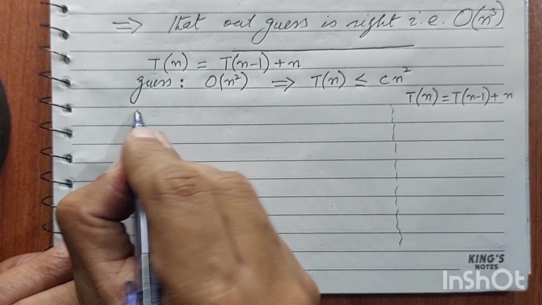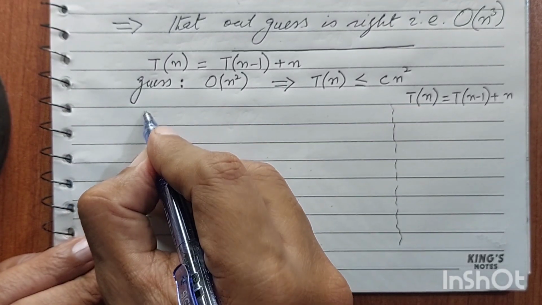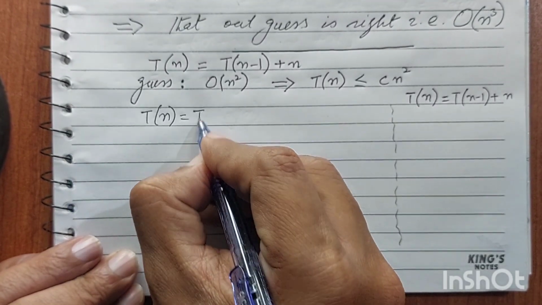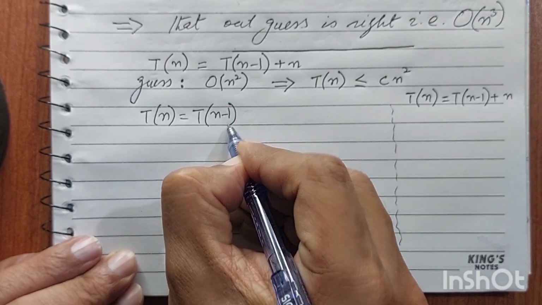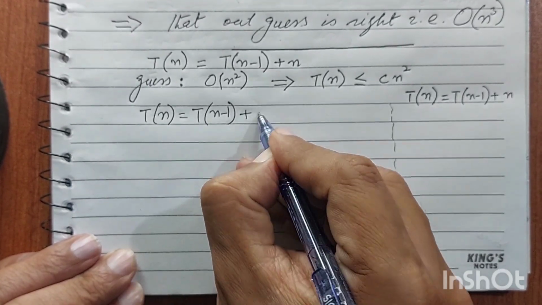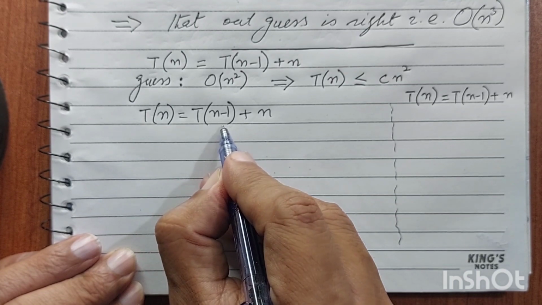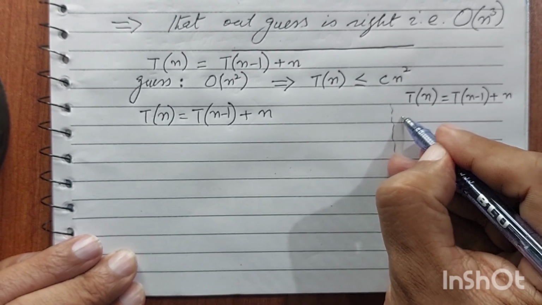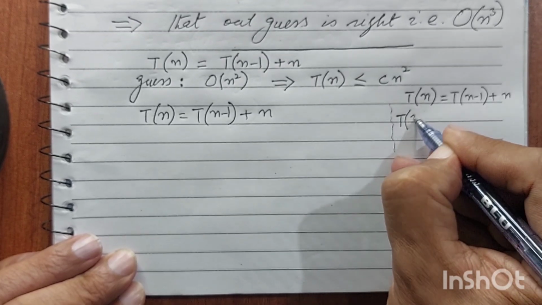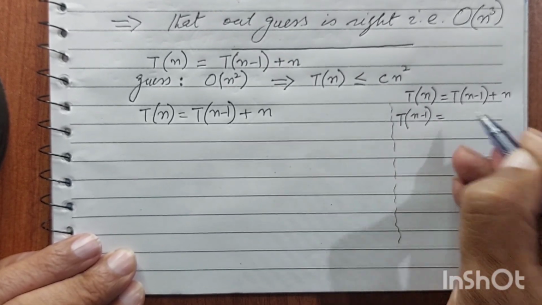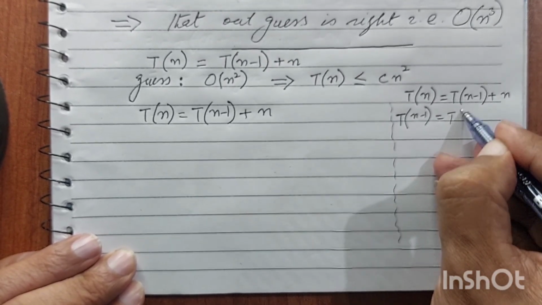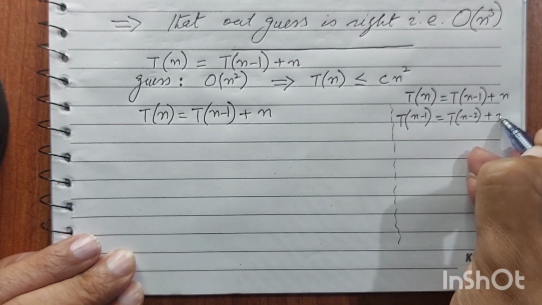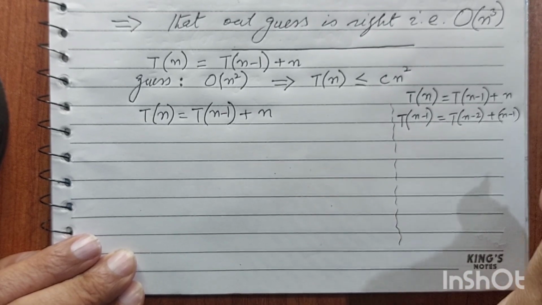Okay, starting from this side for the example, T of n is equal to T of n minus 1 plus n. We need the value of T of n minus 1 here, so we get it from here, replacing n with n minus 1. Okay, so it will become T of n minus 2 plus n minus 1.